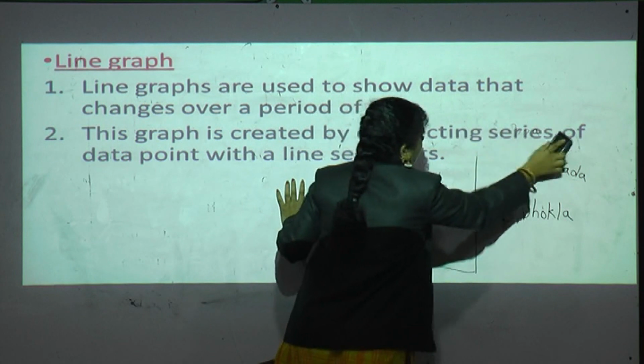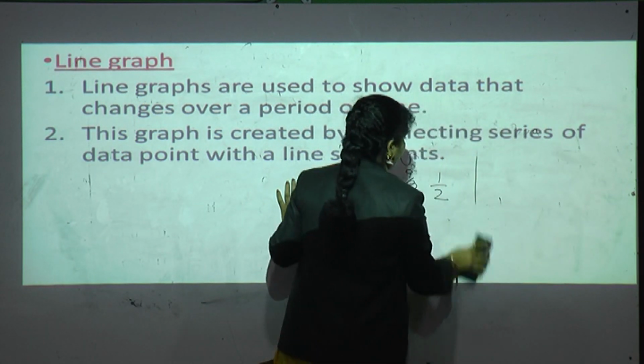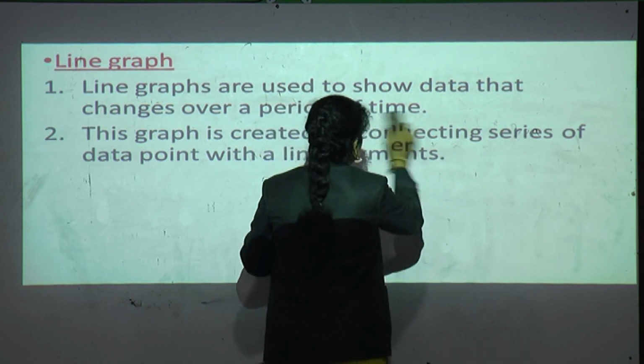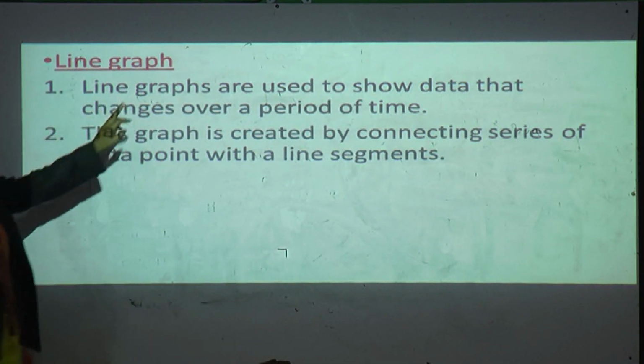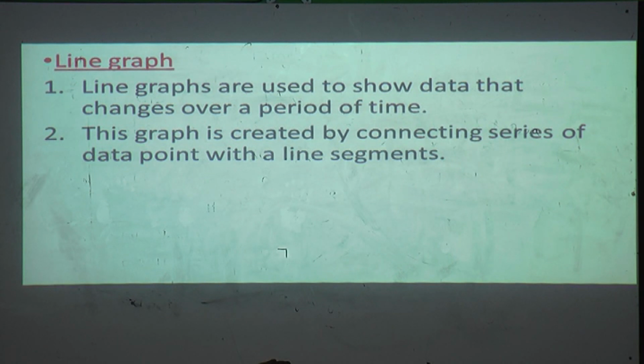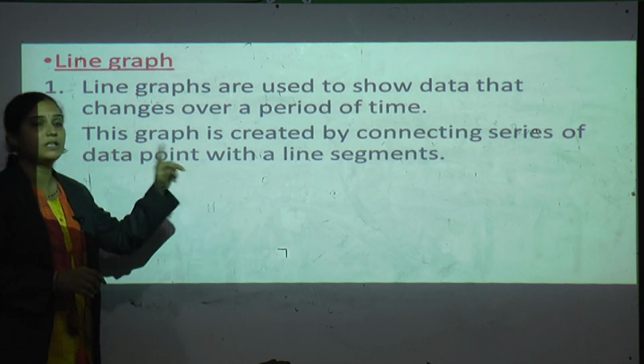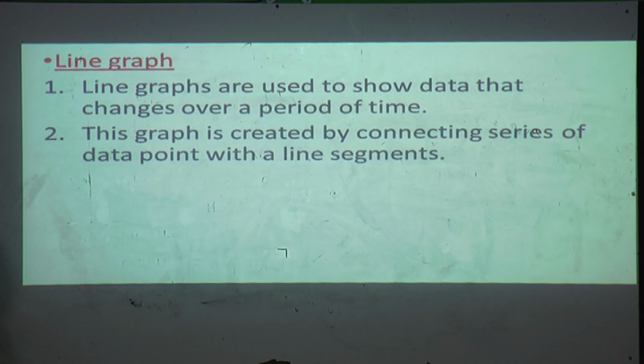See students, here is the information on line graphs. So pay attention carefully. Okay, now we'll see how to draw the line graph.